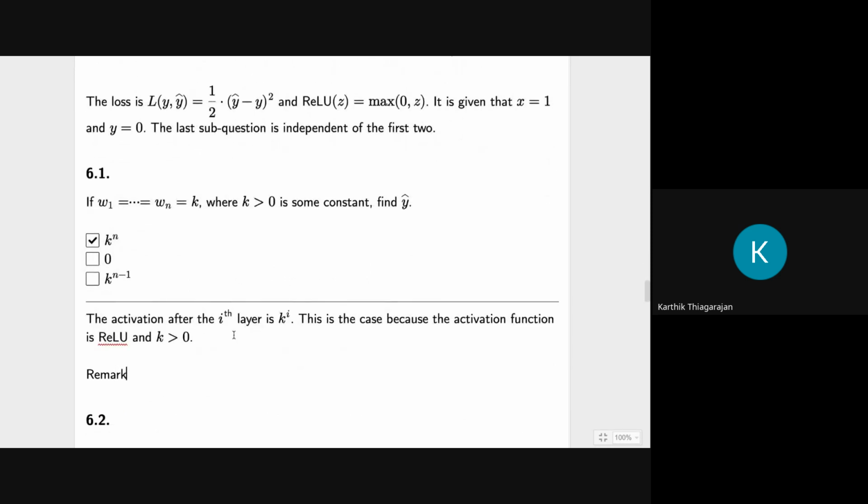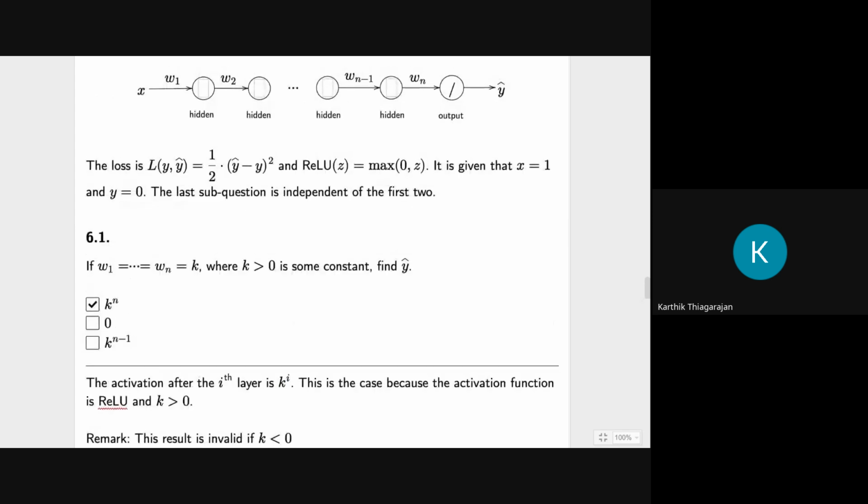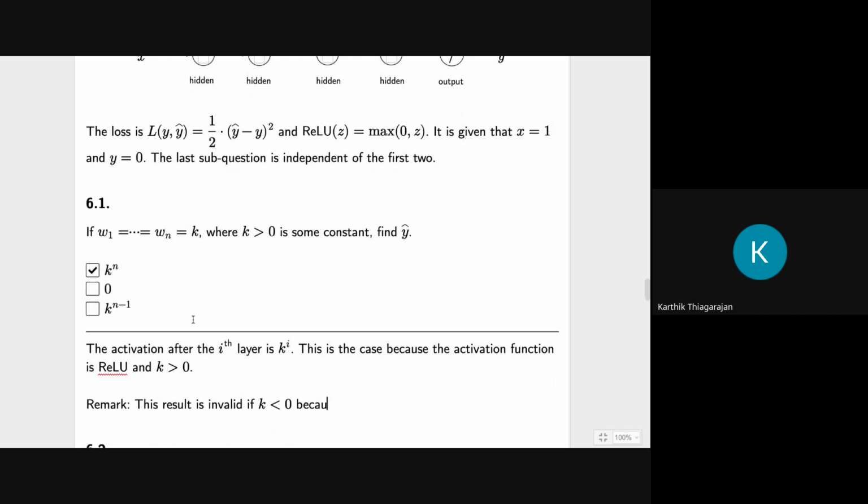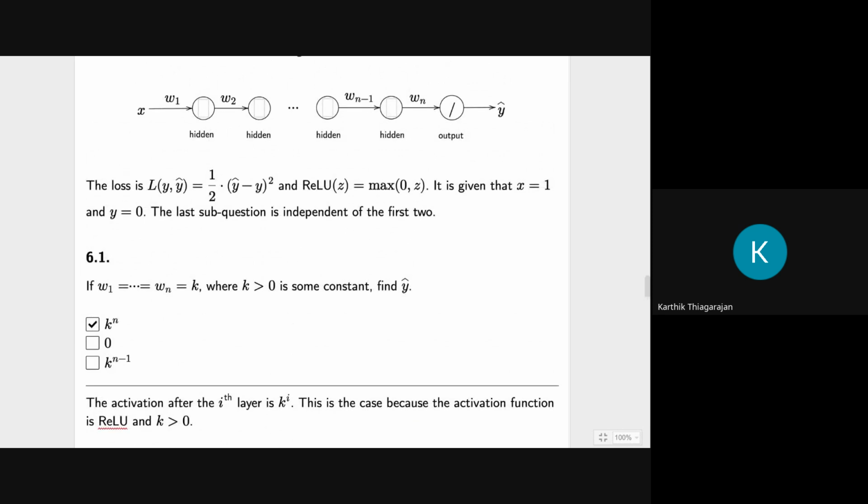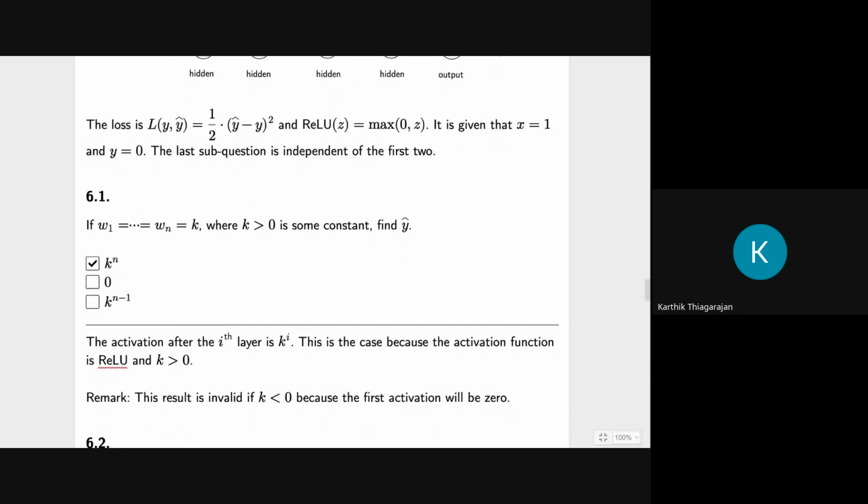This result is invalid if k is less than 0, because the activation after the first neuron will be 0. So for k equal to 0 it is still valid, but that's a minor point.